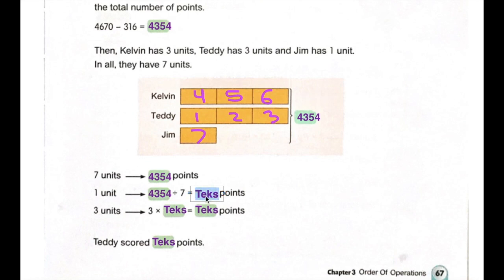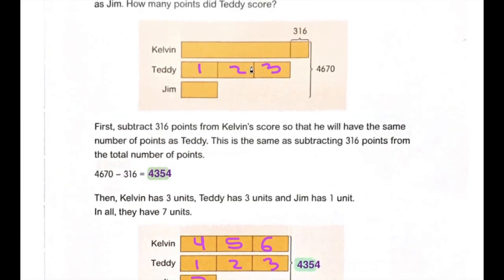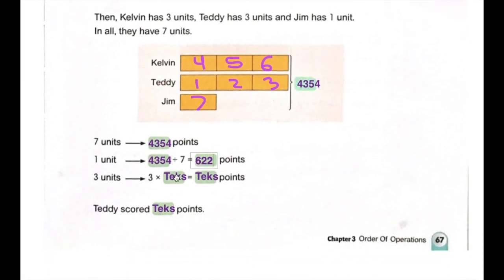So, 4,354 divided by 7, count. You will get 622. The question is Teddy. Teddy nih ya, pertanyaan Teddy. How many units does Teddy have? 1, 2, 3. For 3 units, you times it. 3 times 1 unit.